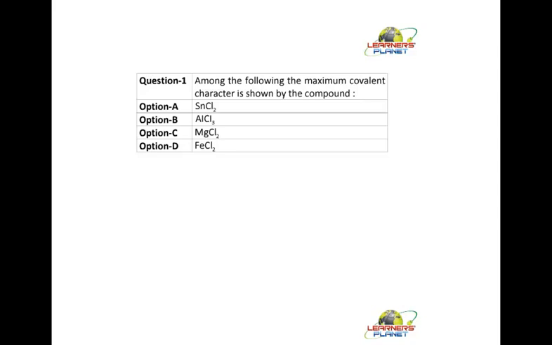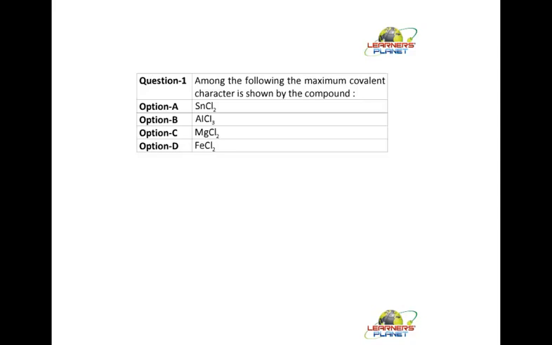What was Fajan's rule? Fajan's rule states that the smaller the size of the cation, the more it causes distortion in the anion. That is, your cation causes distortion in the anion and tries to pull the outer electrons towards itself, thus changing an ionic bond into a covalent bond.